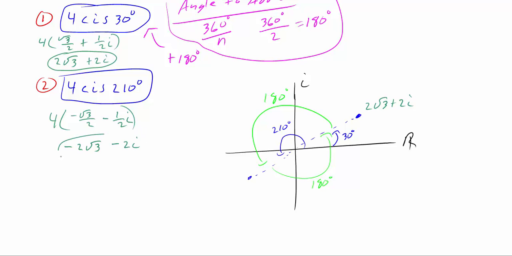So this here would be our standard form. We can see that we have a negative 2 square root of 3, and that's going to give us the location of this point, negative 2 square root of 3 and negative 2 down. So we have negative 2 square root of 3 minus 2i. Because both of these are negative, we're in the third quadrant, and over here both of these are positive, so therefore we're in the first quadrant, and then down here in the third quadrant.